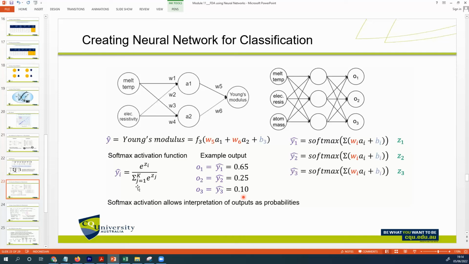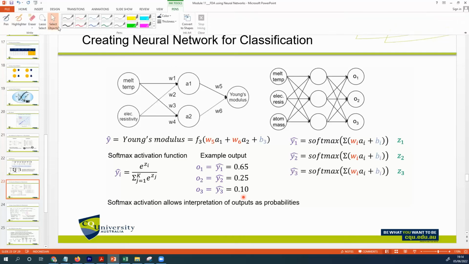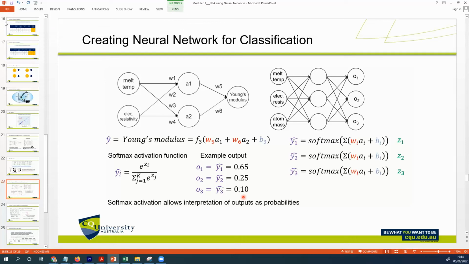In creating a neural network for classification, we do it using what we call softmax.